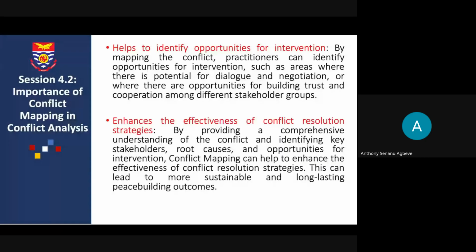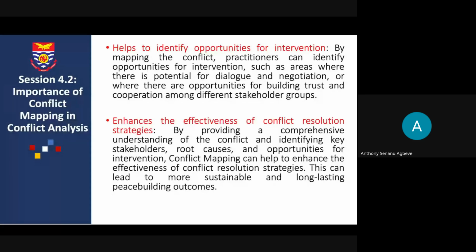But in a situation where dialogue and negotiation is not really open, people feel that they were not given the opportunity to talk or speak their mind or share their views and things like that. It becomes problematic.